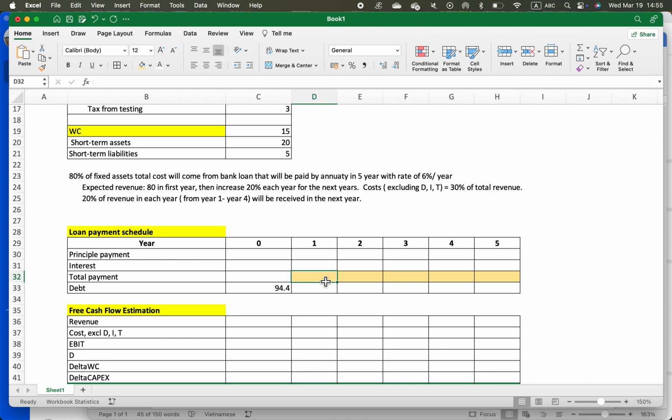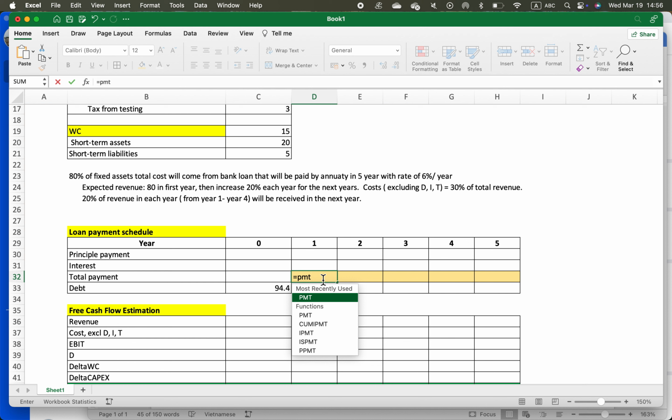Okay. So how can you calculate it? As you learned in time value of money, it could be the PMT function in here, right? The rate in here is 6% per year. You just put 6% in it, and then Nper is the number of the same payments.